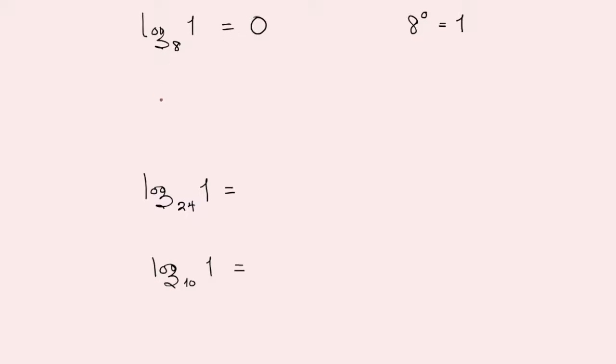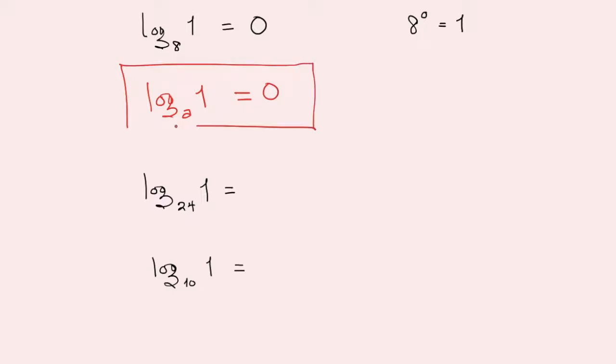This brings us to another law, which says that log to the base a of 1 is equal to 0, as long as a is a positive non-zero number. So log to the base 24 of 1 is equal to 0. You guessed it, log to the base 10 of 1 is equal to 0.